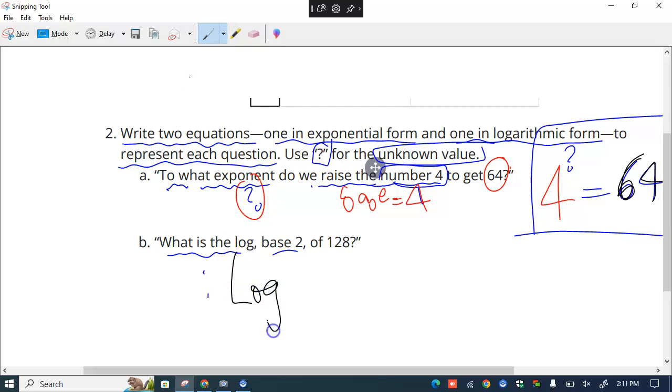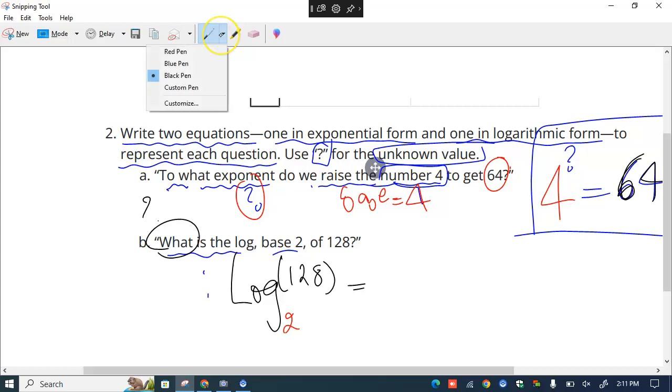So you write log. Base is the red, always I use the red as the base, of 128. And the question is what? That's the question mark. So this is one way, or you can write it in the exponential form.